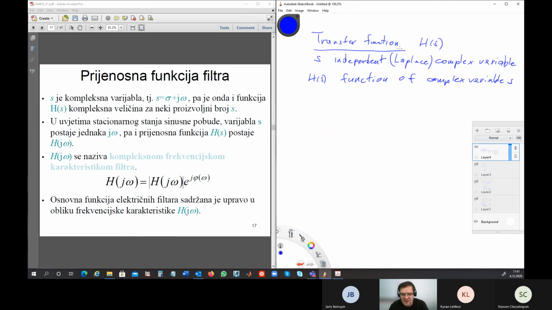Now, what we are interested in is how this transfer function behaves if a sinusoid is applied. We'll plot it here.